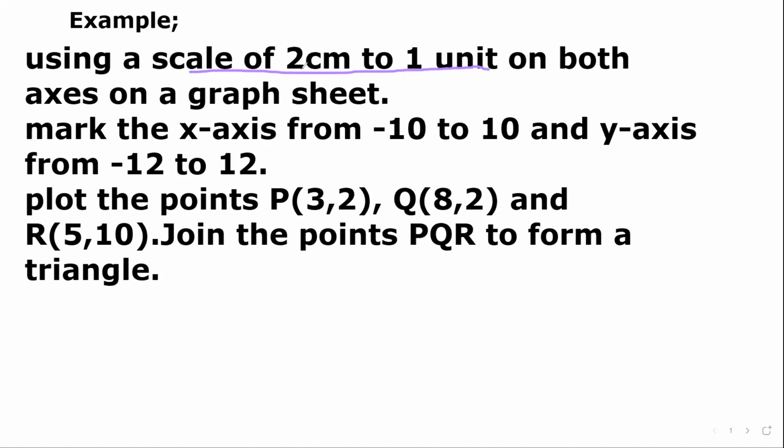So on the graph, you have the deep line and the faint line. From a deep line to another deep line is 2 centimeters. From a deep line to a faint line is 1 centimeter. So make note of that. So when you are drawing your x and y axes, you choose deep lines, and from a deep line to another deep line will be considered 2 centimeters. So in that order, okay?